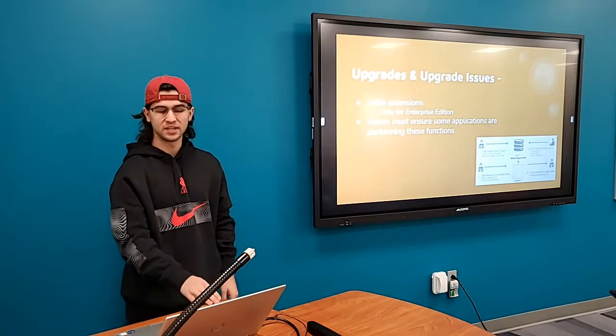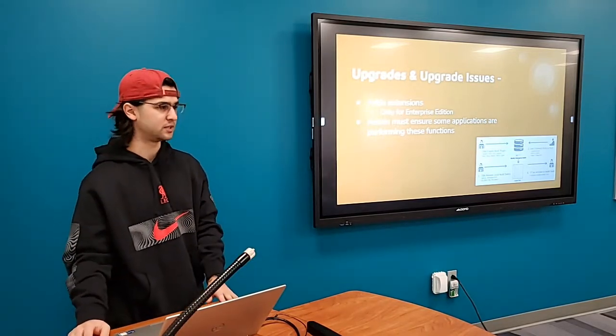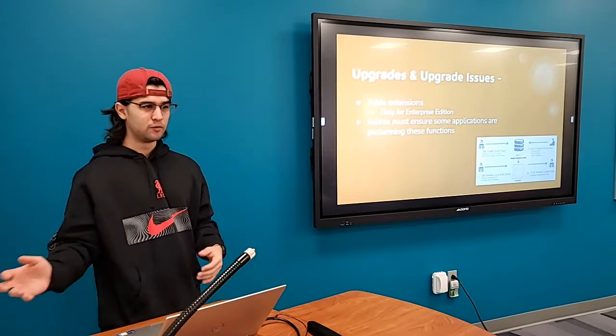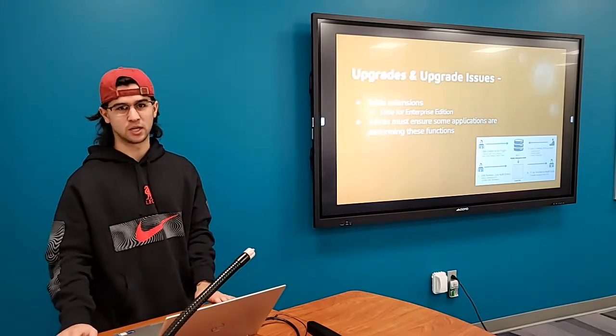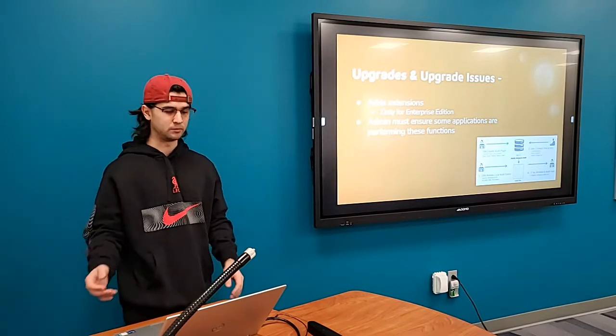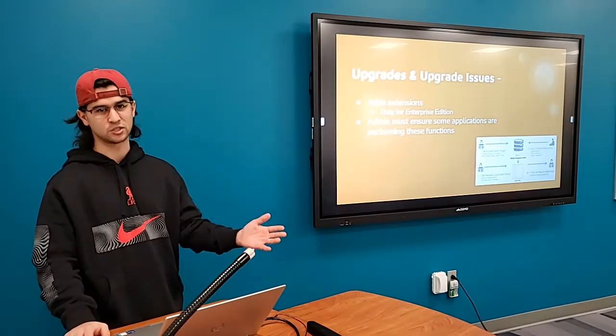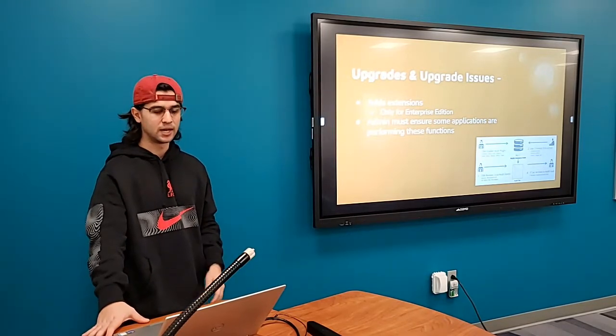Thanks. So, upgrade and upgrade issues, Xavier summarized it pretty well. From what we found through the process of the different versions, extensions are added for auditing, but like Xavier says, only for the Enterprise Edition.